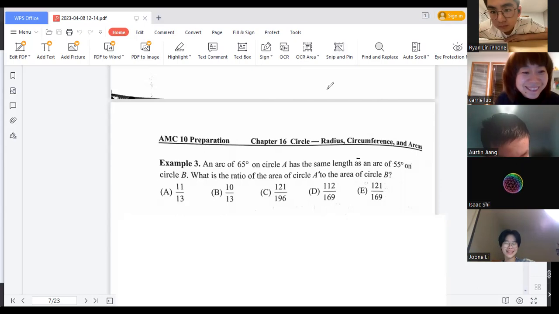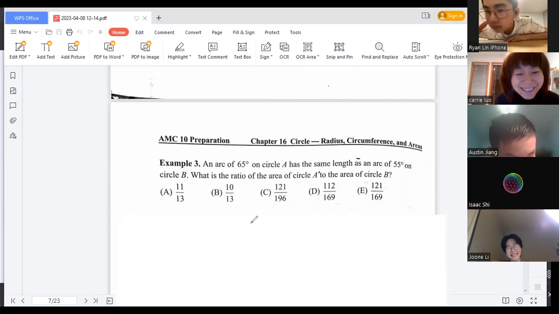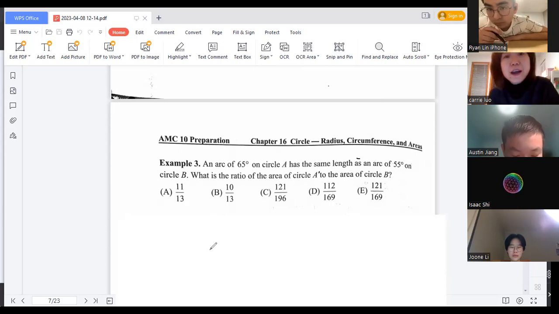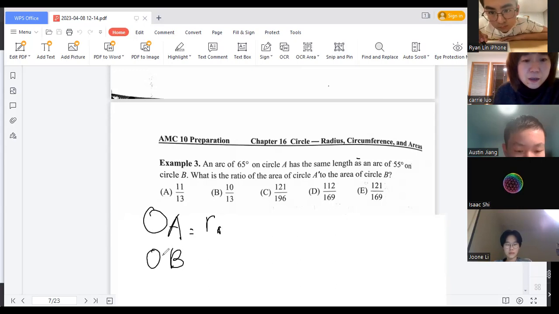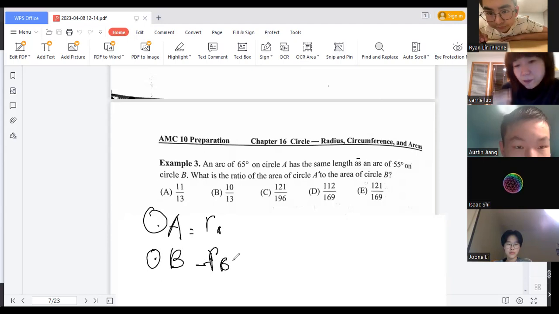对了，终于对了。Okay, an arc of 65 degrees on a circle A has the same length as an arc of 55 on arc B. So in order to find out the length of an arc, we need to know the radius of each circle, right? So we just say the circle A has the radius A and the circle B has the radius B, correct?